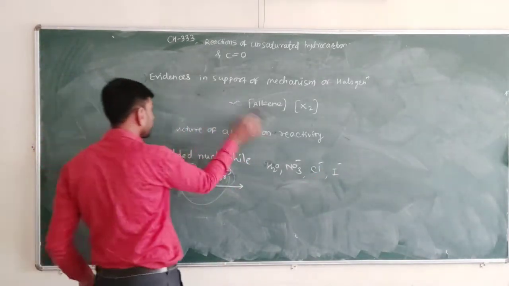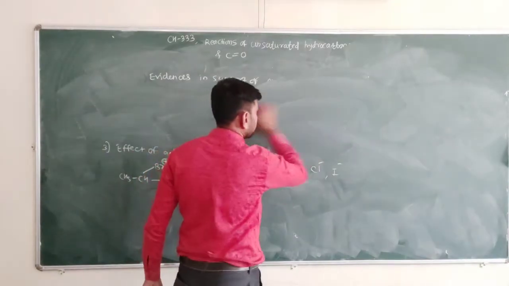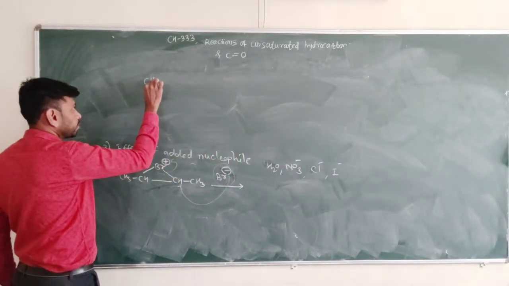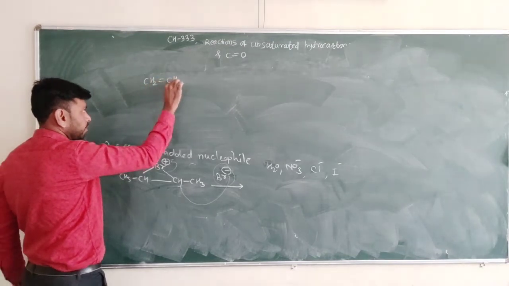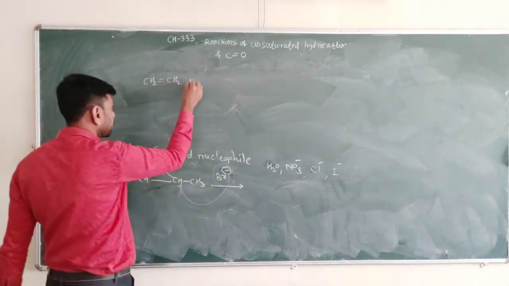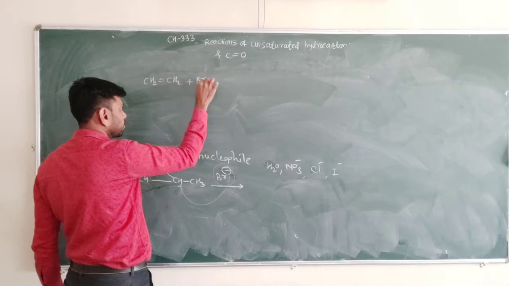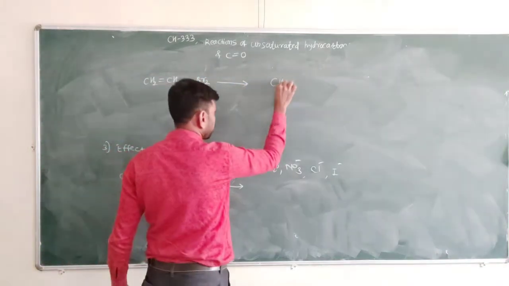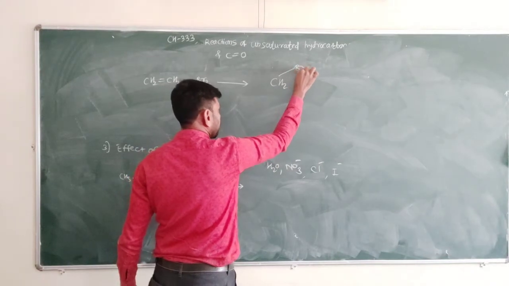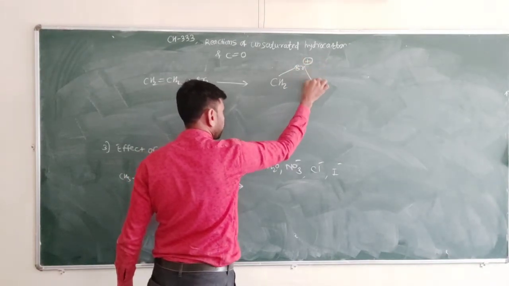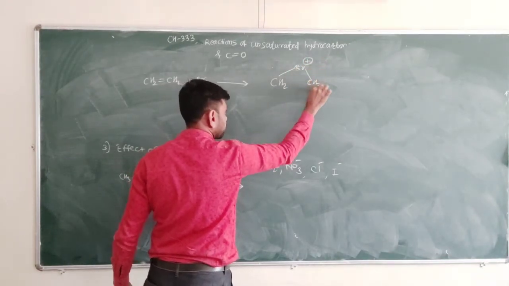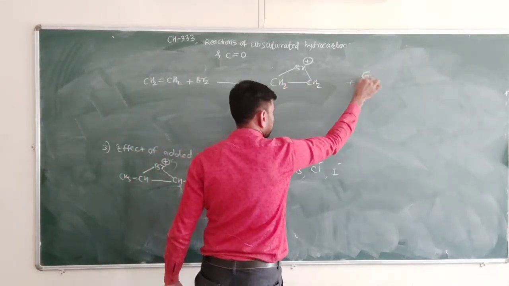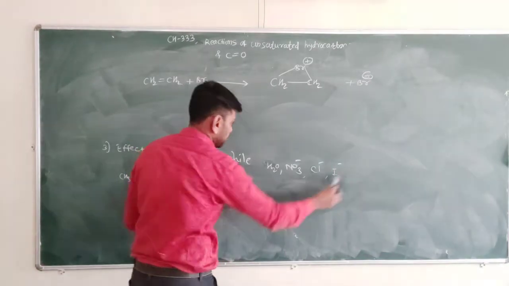See which types of products are there. You see some examples here. We have taken this alkene. When this alkene reacts with Br2, there is formation of bromonium ion, an electron deficient species, and another nucleophile, Br minus, is generated.